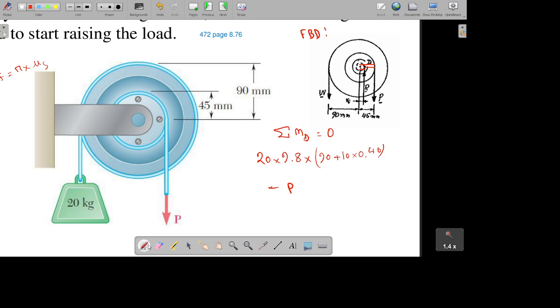So this time the equation will be P multiplied by 45 minus 10 into 0.40. Solving this equation, you will get the value of P, which will be around 449.37 Newton.